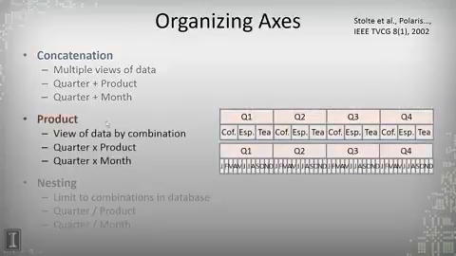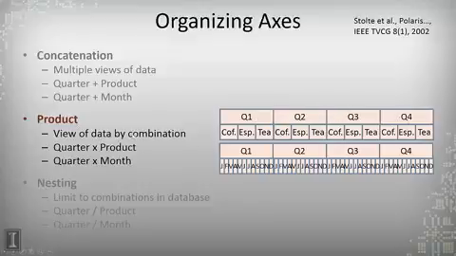We can also take two dimensions and create an axis from the product of those two dimensions. For example, if we have the data over time over 4 quarters, and we have the data over products, instead of showing them side by side, we might show the data for the coffee, espresso, and tea, the product values for quarter 1, quarter 2, quarter 3, quarter 4.